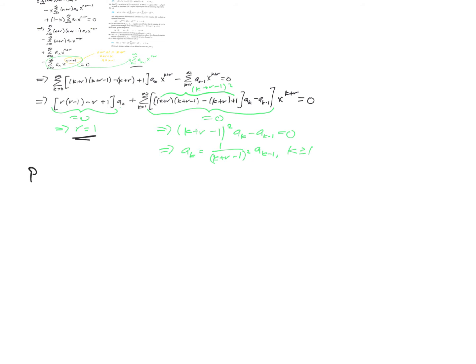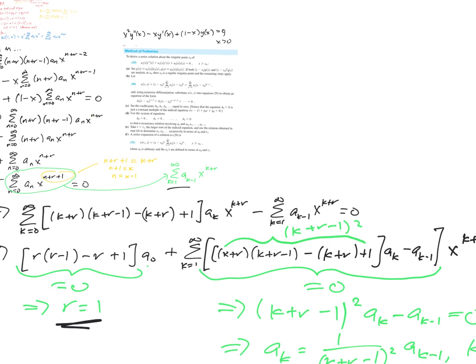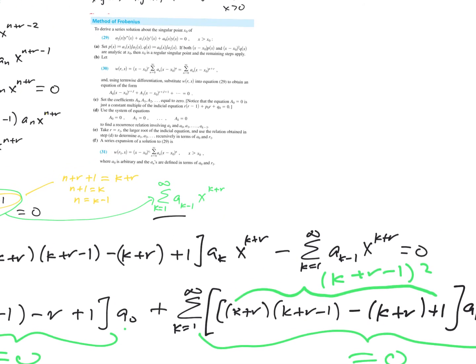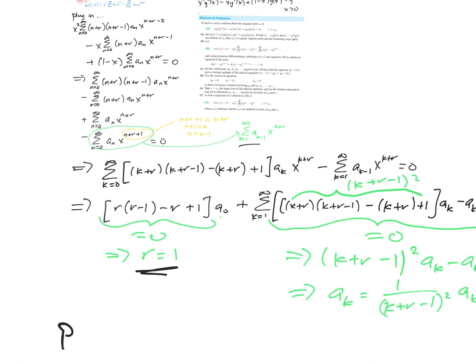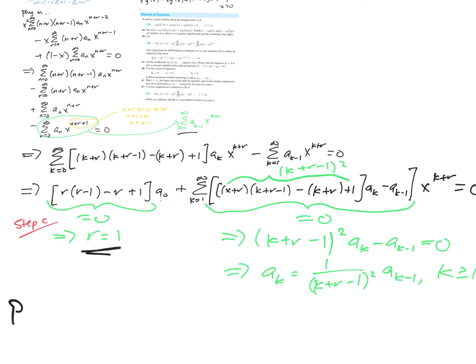But next, let's take a look back at our table and see what steps we're on. So we already did step C, and I didn't even write it down. So that was setting our coefficients to 0. That was step C right here. And then finding a recurrence relationship was step D here.